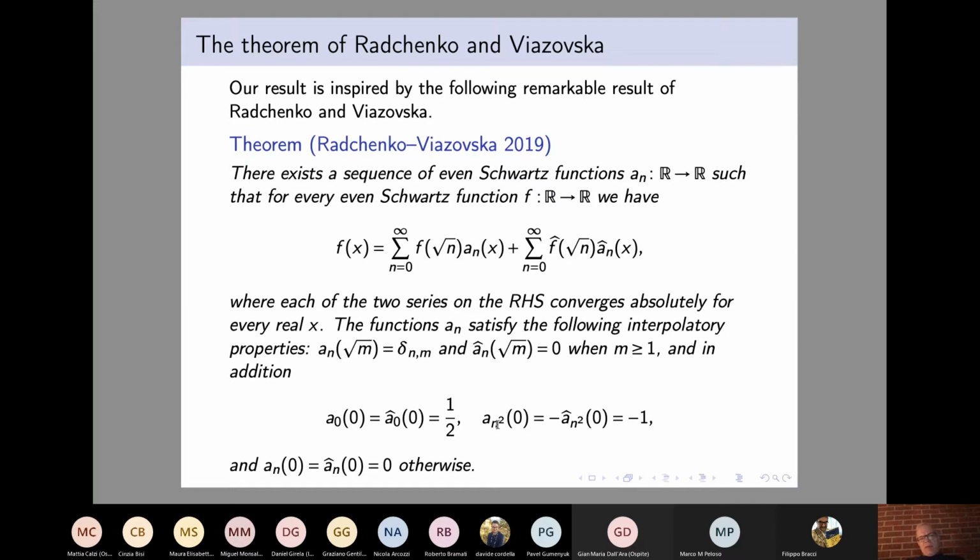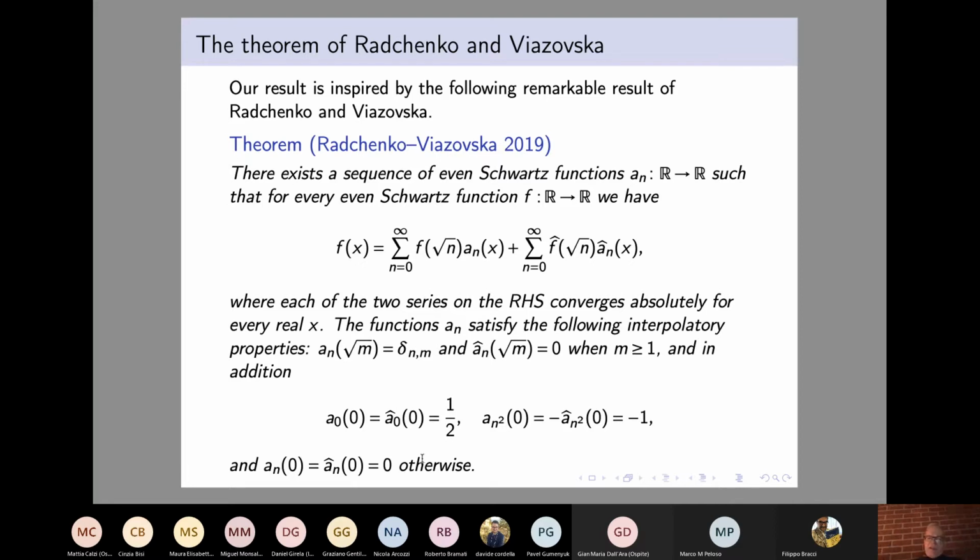At the squares, and I should say also at zero, specifically at the point 0, they in fact take the value -1 for squares of the integers. Well, one of them is -1 and the other one is 1. So these are the interpolation properties of these functions.